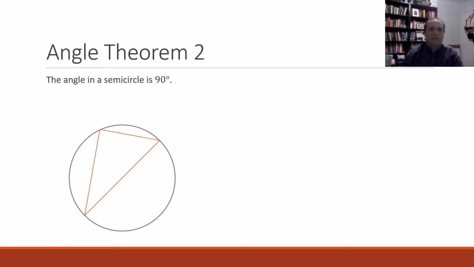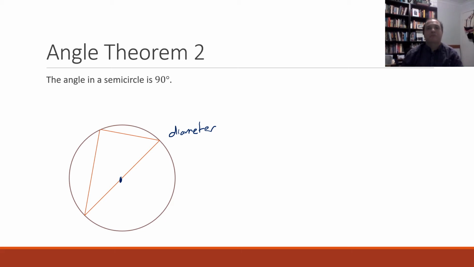Alright, angle theorem 2. The angle in a semicircle is 90 degrees, so what we've got here is a diameter in our circle, so it goes through the center, and that's what makes this part of our circle a semicircle, going through the diameter and the arc going all the way around from one end of the diameter to the other.